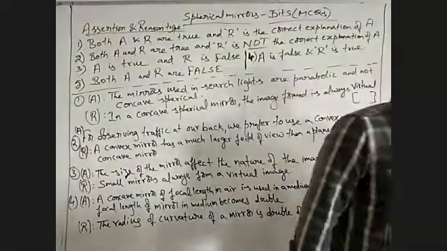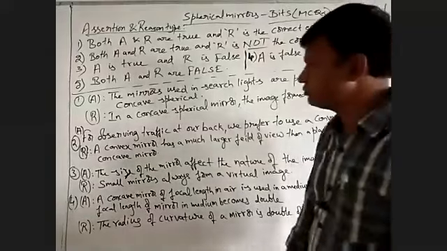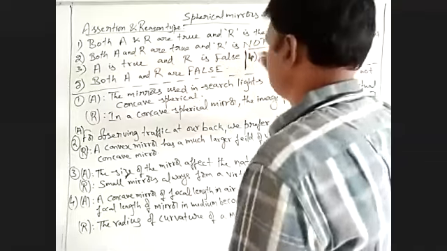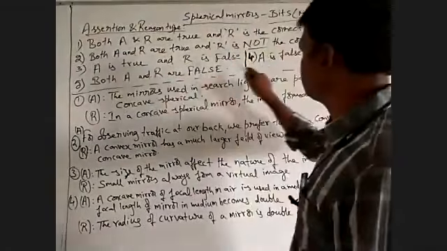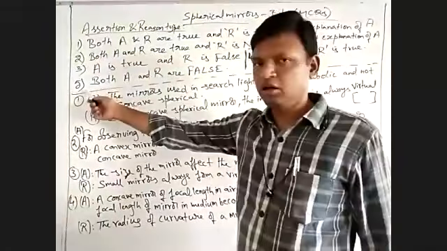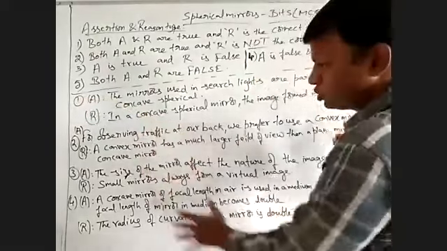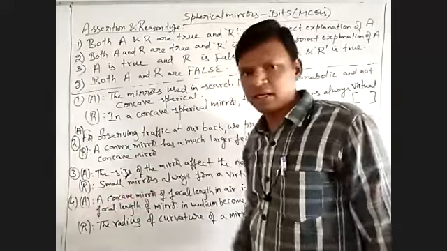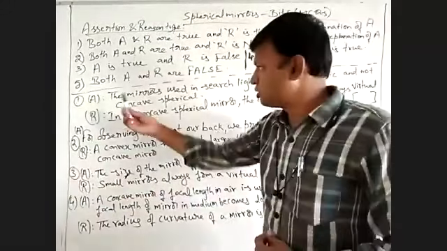I am reading the question one by one once again. Here we have 1, 2, 3, 4, and 5 options to choose the correct answer among the statements, assertion and reason. So let us see this.